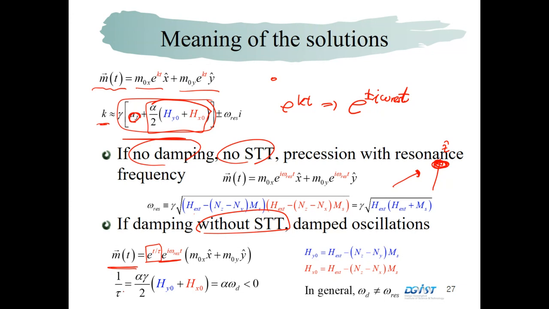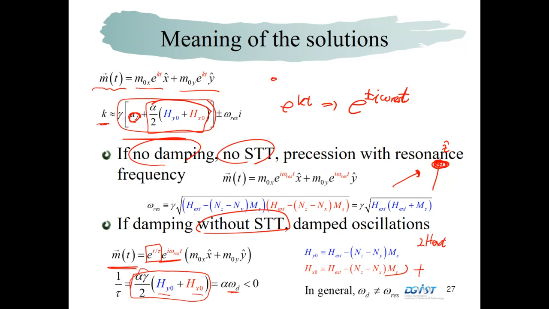Here, 1 over tau is determined here, and omega d is the sum of these two fields. We add up two of them.